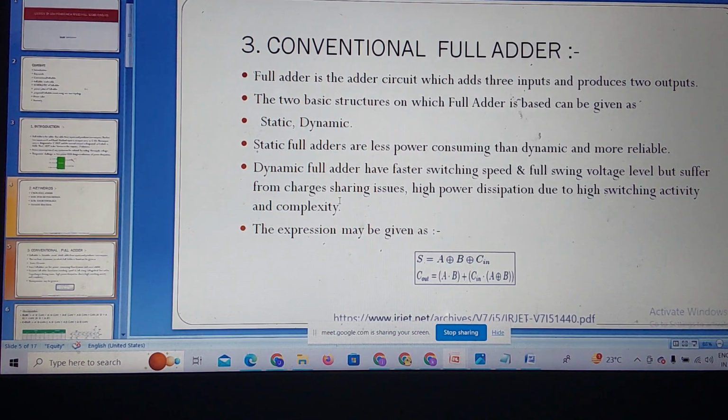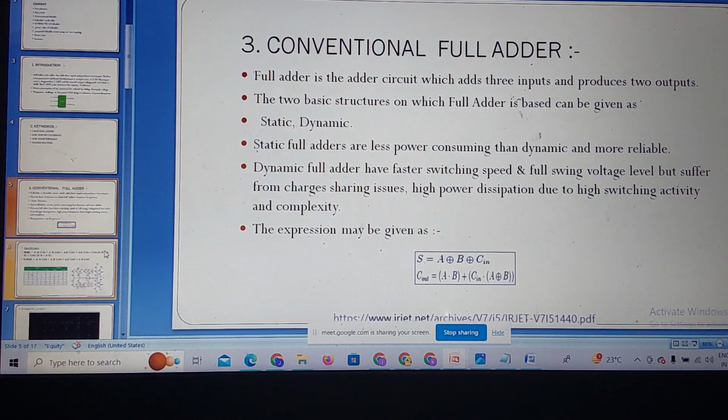The disadvantage of the dynamic full adder is that its power consumption is higher. So we reduce the power consumption by using a less complex circuit. The general expression of the sum is A XNOR B XNOR C in, and the general expression of C out is A dot B plus C in dot (A XOR B).